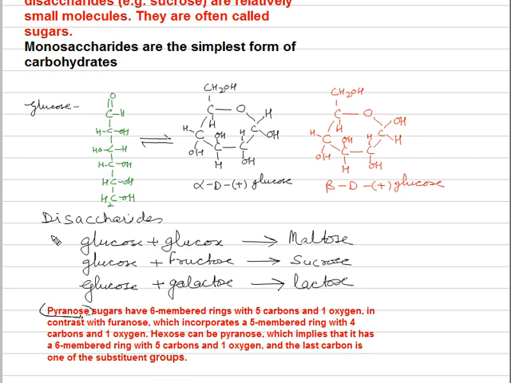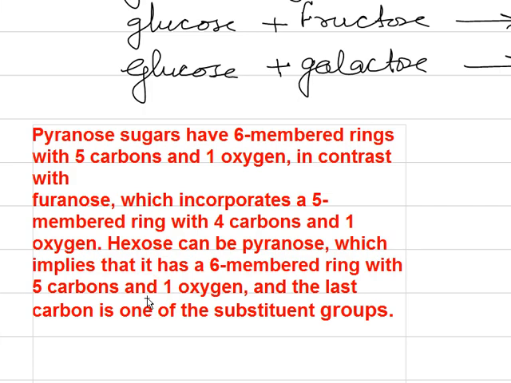We must know what pyranose sugar is, and also what we understand by the term furanose sugar. Pyranose sugars have 6-membered rings with 5 carbons and 1 oxygen, in contrast with furanose form, which incorporates a 5-membered ring with 4 carbons and 1 oxygen. So it is basically the difference in their ring structures.